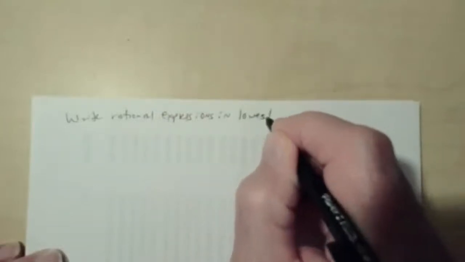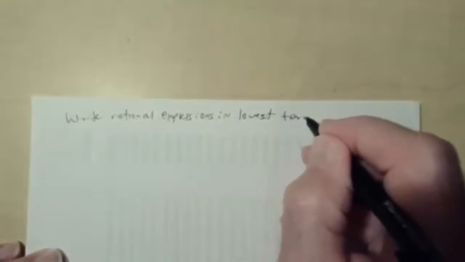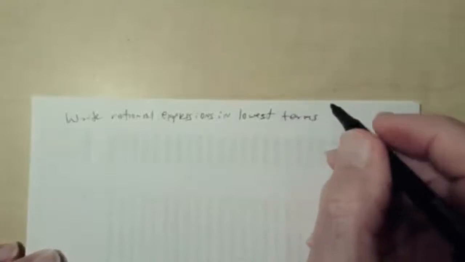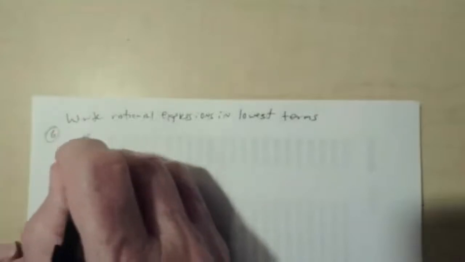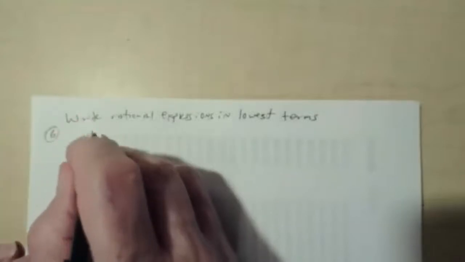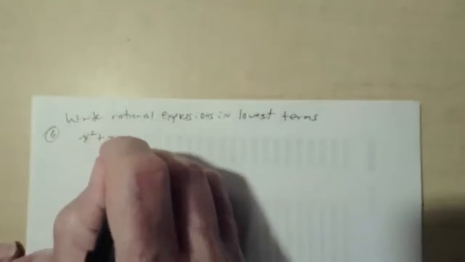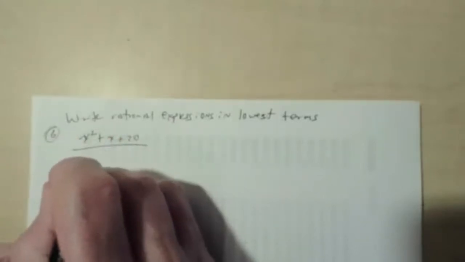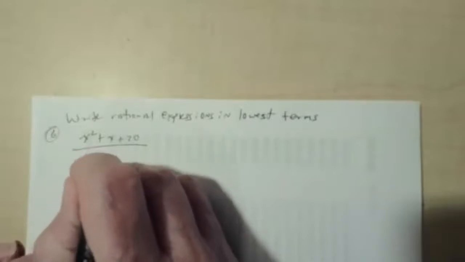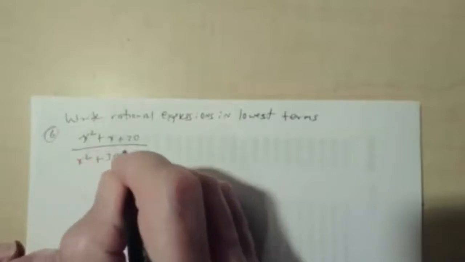This is number 6, by the way. x squared plus x minus 20 over x squared plus 3x minus 28. Now we need to factor these two.